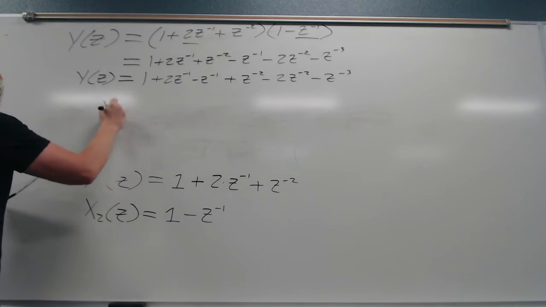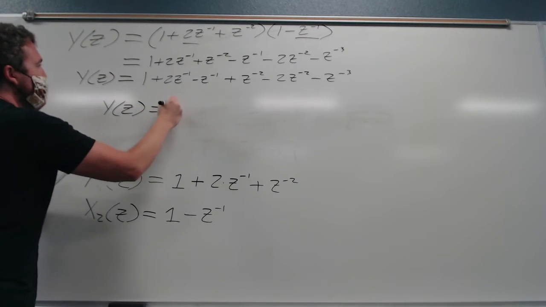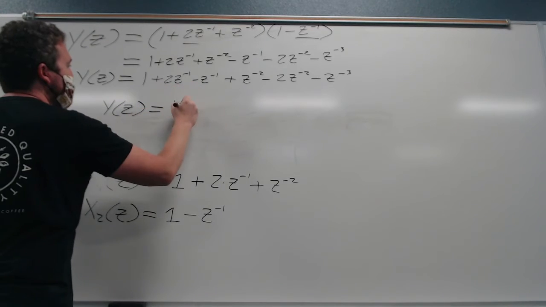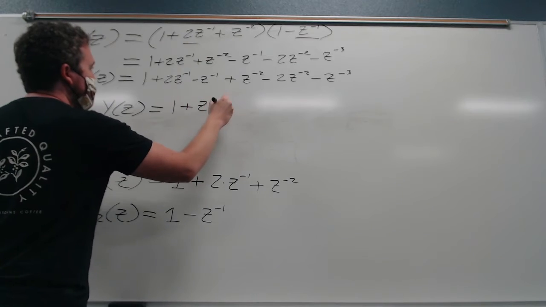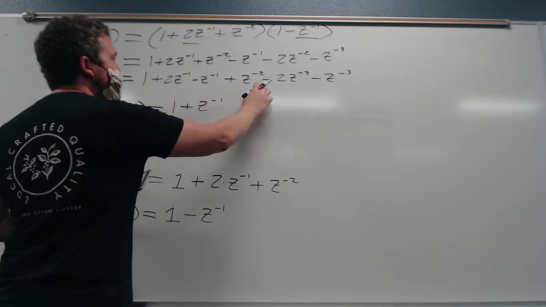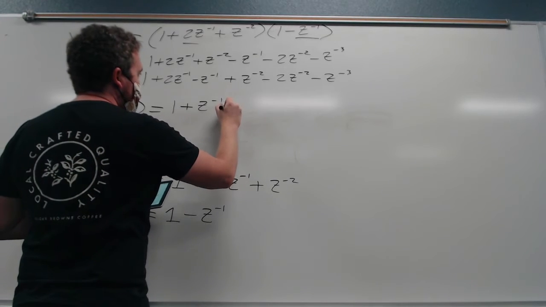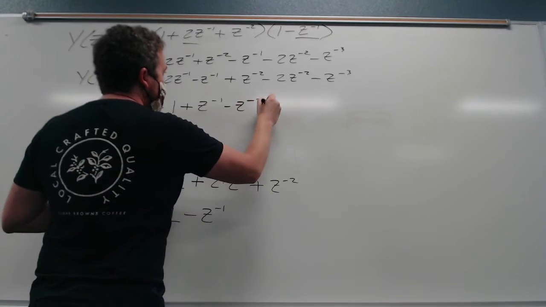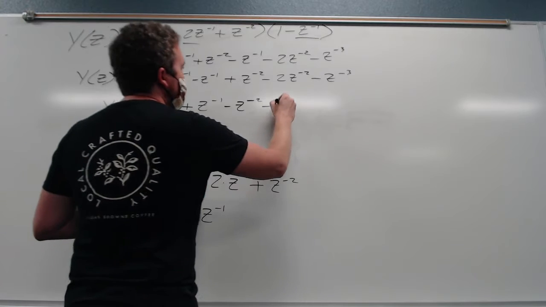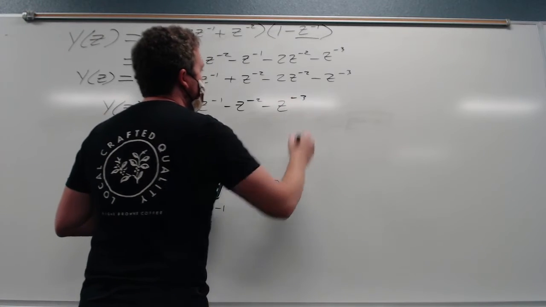And we get that Y of z is equal to 1 plus z to the negative 1, plus 2z to the negative 2 minus z to the negative 2 is going to be minus z to the negative 2, minus z to the negative 3.